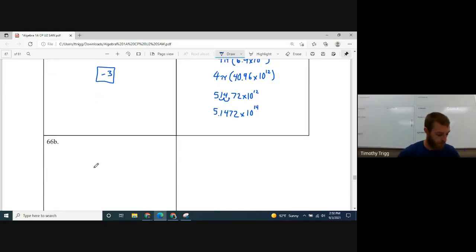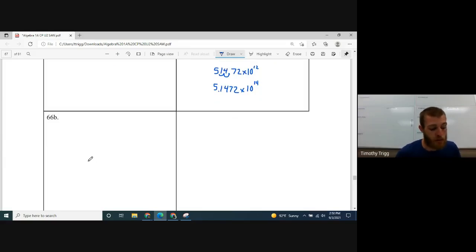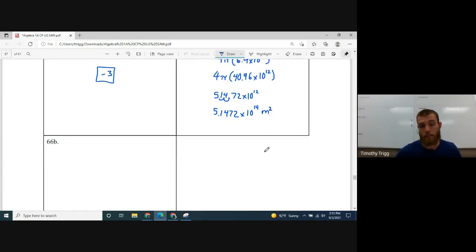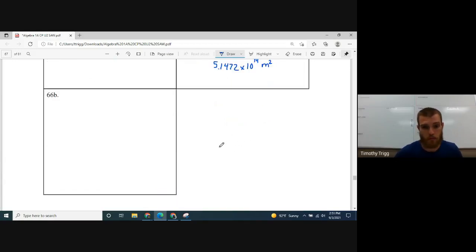66b says, oceans cover about 70% of the surface of Earth. About how many square meters of Earth's surface are covered in ocean water? Oh, by the way, since it's a surface area, this answer should be in squared meters. That's the type of measurement.